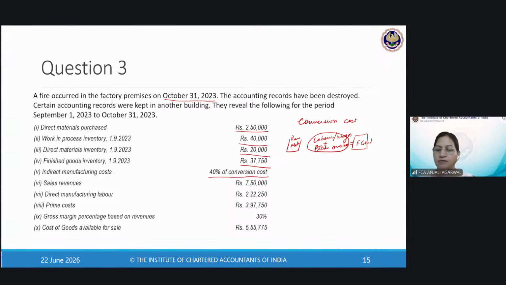So this becomes finished goods. We have seen till works cost, it is finished goods, right? This is your conversion cost. So conversion cost is given, and it is mentioned that indirect manufacturing cost, so production overheads, are given as 40% of conversion cost.